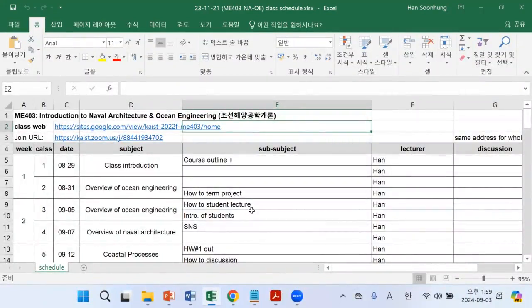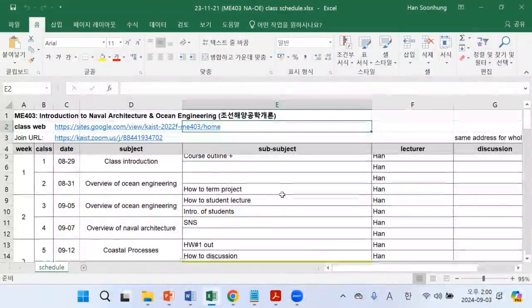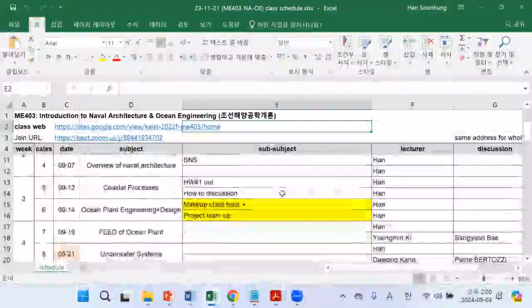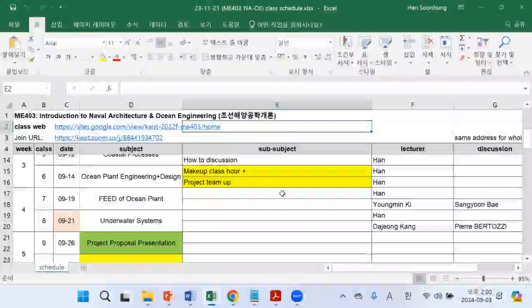At the beginning, I only lecture, say 5 weeks, something like that. And then this one is the old chart where ocean engineering was covered first, but this time shipbuilding will be naval architecture, right? So starting from say 7th week, you will lecture. But this time I will also switch the sequence.